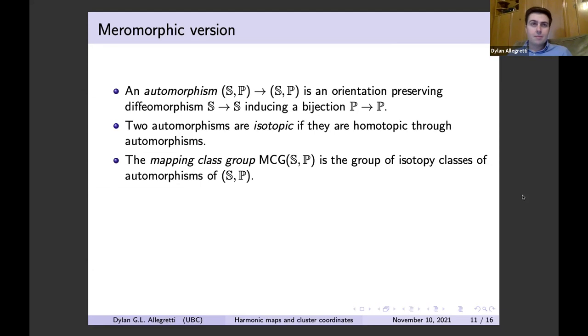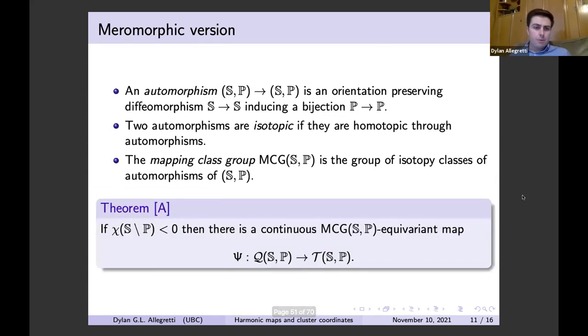That's just very similar to the classical notion of mapping class group of a closed surface. I just modify it a little bit to allow for punctures. And so now I can state one of the main results that I proved, which says if your punctured surface has negative Euler characteristic, then there's a continuous mapping class group equivariant map going from this space of quadratic differentials to the Teichmüller space.